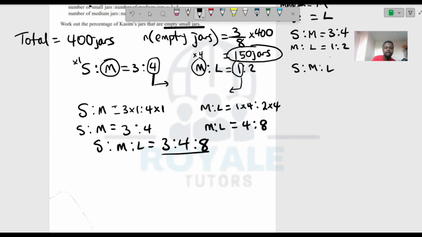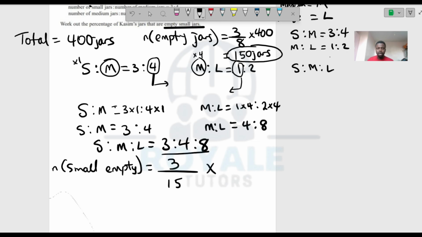So for you to find the number of small empty jars, that will be the ratio for small over the sum of the ratio. That's 3 plus 4 plus 8, that's 15, multiplied by the number of empty jars, which is going to give us 30. So that means there are 30 small jars. These 30 jars are small and they are empty.